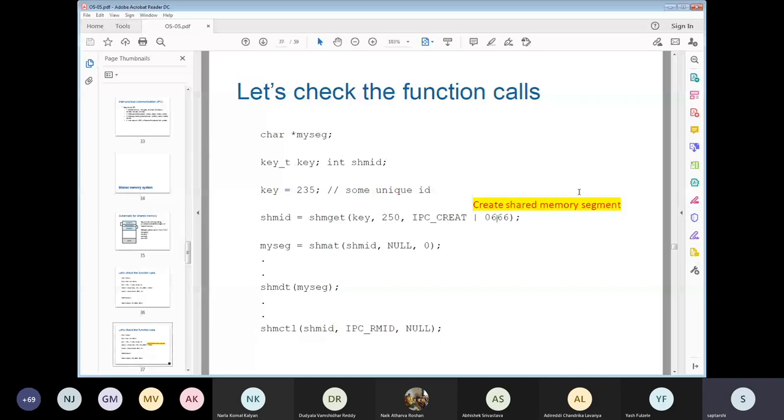The other set is others. So owner, group, others. These 3 numbers tell what the permissions are for owner, the first number, for group, the second number, and others, the third number. And what about 666? These are permissions, so how does the number 6 come? What should I understand by 6?